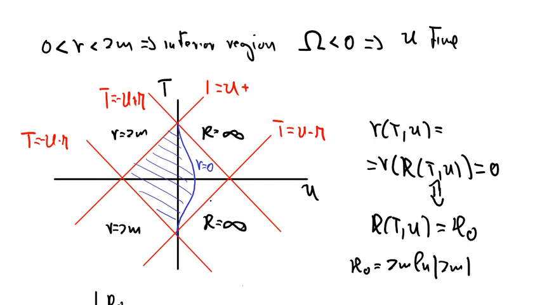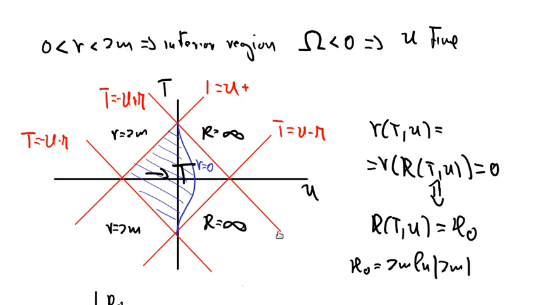So now we have that. This represents the time. This is now the time orientation. So we have now the complete Penrose diagram of this case.